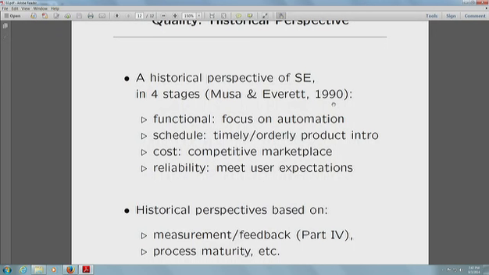They wrote the paper back in 1990, and they say the 1990s are the age for reliability, because in the early days it was really whether you can do something or not that distinguished one company from another, one product from another.